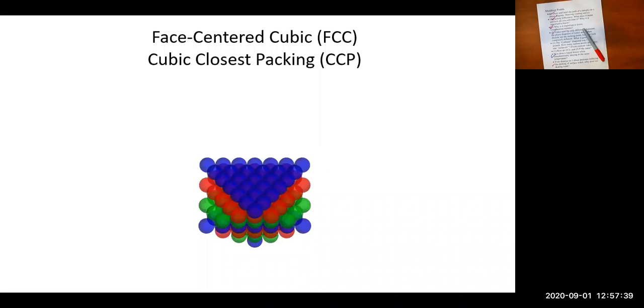And what you'll find is that they will naturally collect into this same kind of layer arrangement where you have this sort of hexagonal arrangement of the coins. And that's simply because it minimizes the extra space. It maximizes the contact between all of the coins.